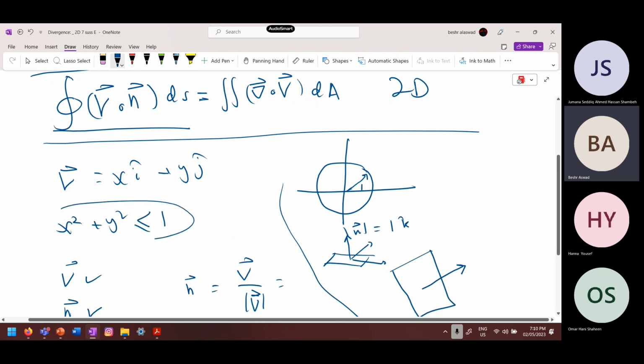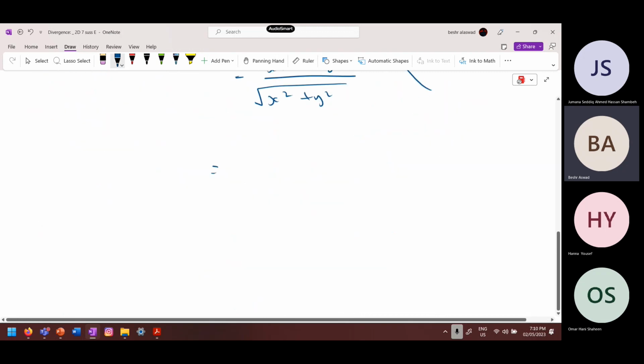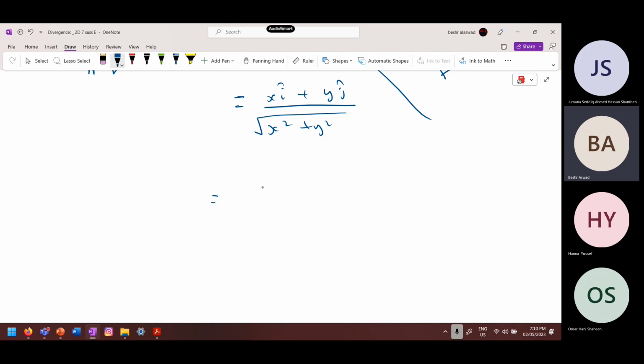Looking back to this, it says 1 or less than 1. So this can be simplified to x i hat plus y j hat. Okay, that's the normal vector.